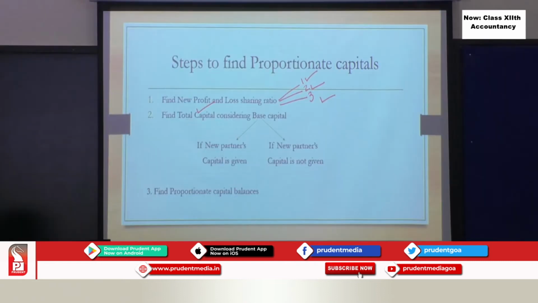Finding the proportionate capitals. Proportionate capitals are nothing but capitals in proportion to the new profit and loss sharing ratio. So, in the second step we calculated the total capital. Divide this total capital in the new profit and loss sharing ratio, and you get the proportionate capitals of the partners.